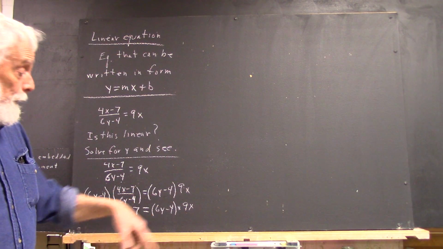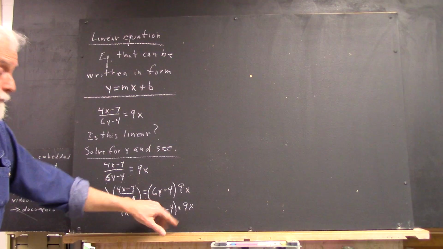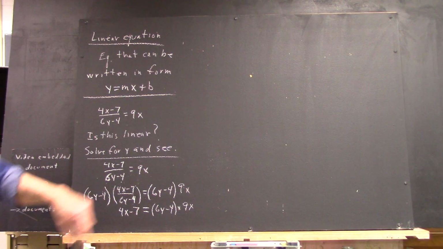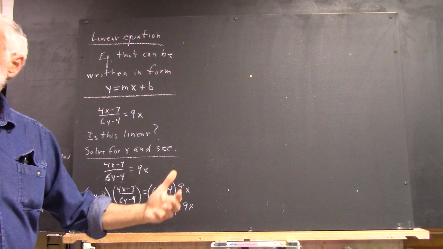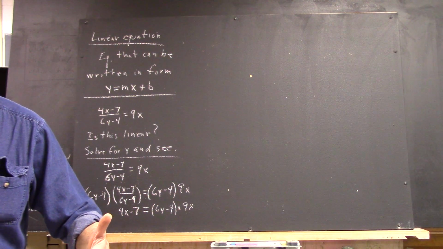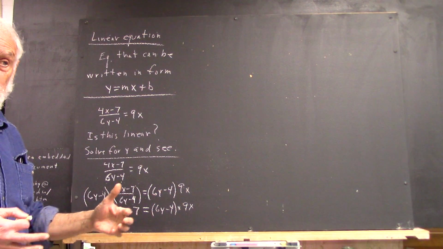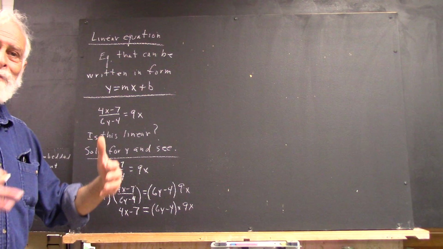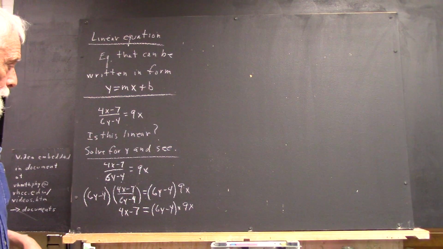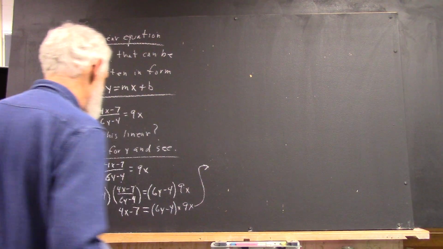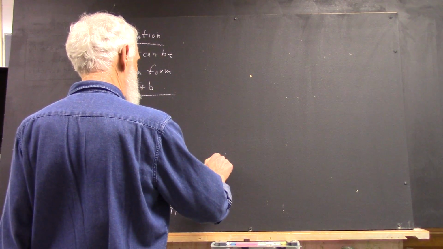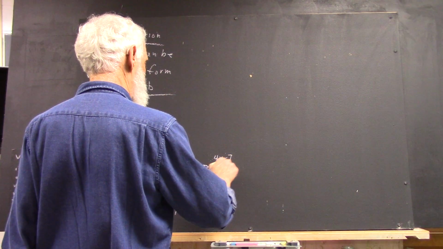Now, go ahead and do this. I do recommend that you also do this by multiplying this out and following the steps that you would follow after doing that. So you see that you get the same thing, and if you don't, then you want to think a little more carefully about how you did the algebra. Anyhow, I'm going to divide both sides by 9x.